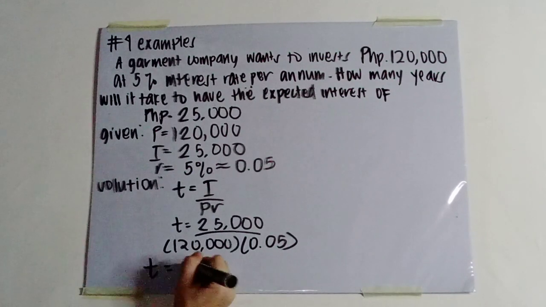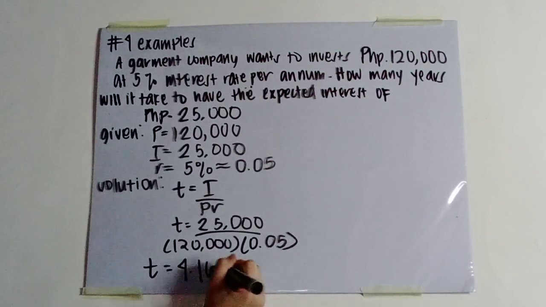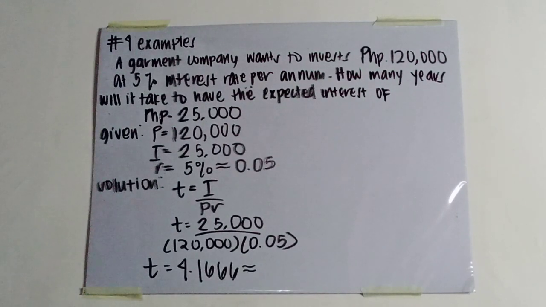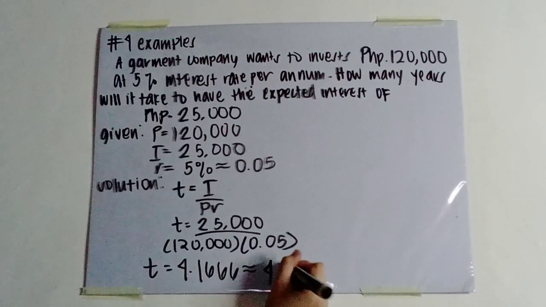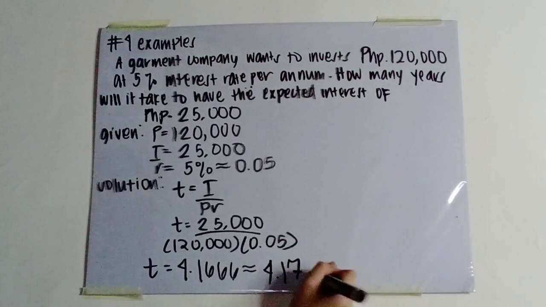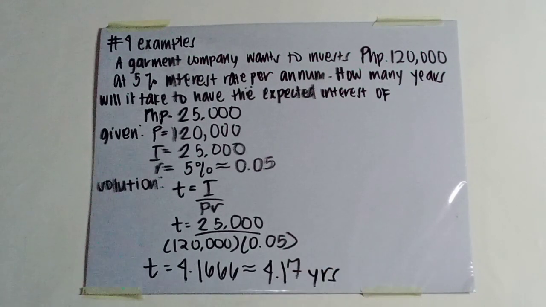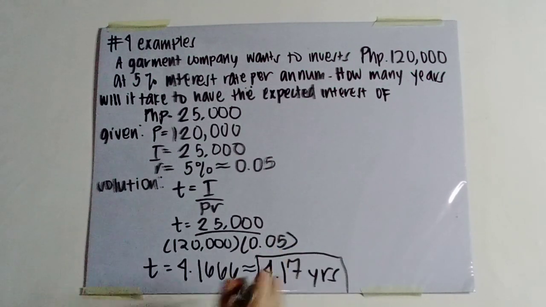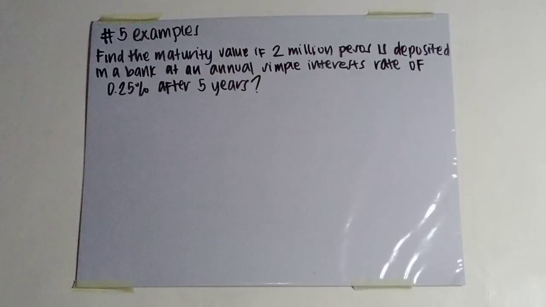The answer is 4.1666. So, round up, so it becomes 4.17. So the years it will take to have the expected interest of 25,000 pesos is 4.17 years.